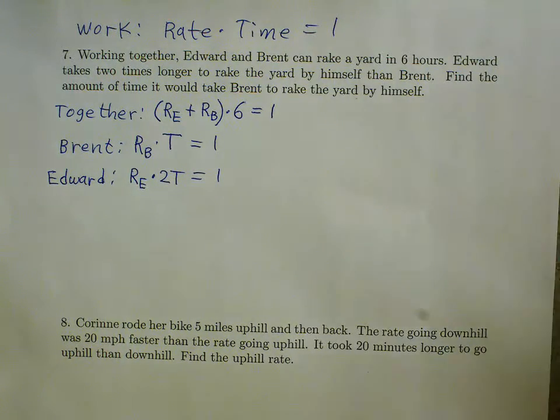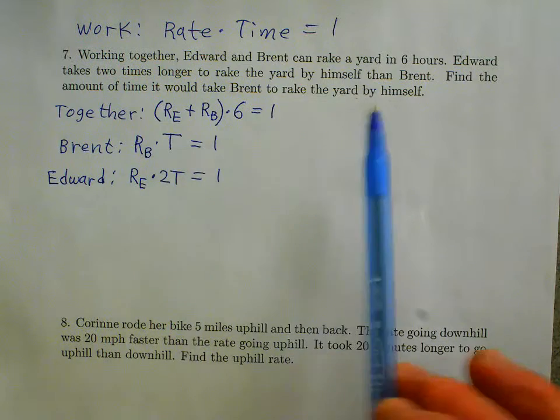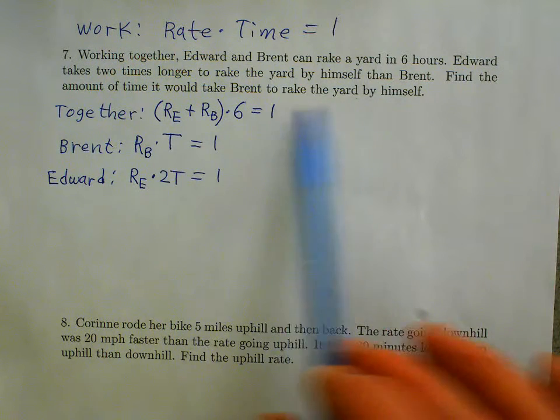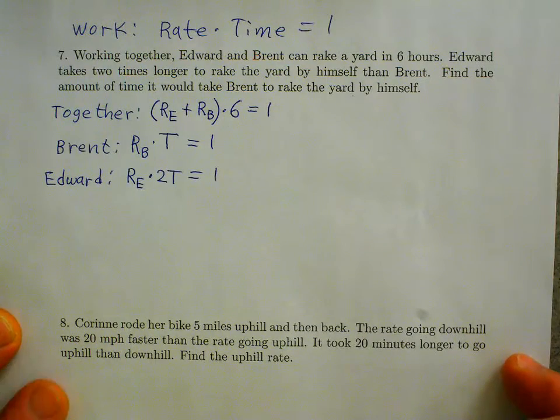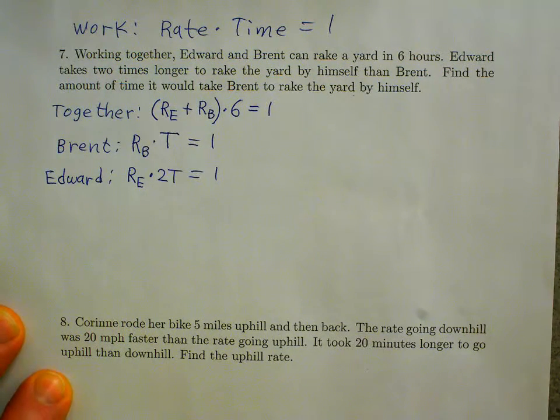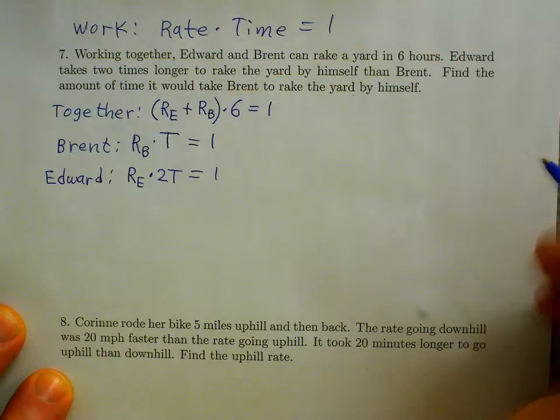Okay, so now remember, since we assigned capital T to be the amount of time it takes Brent to rake the yard by himself, and that's what we're supposed to find, we want an equation whose only variable is T. So we'll do the same sort of thing that we've been doing.